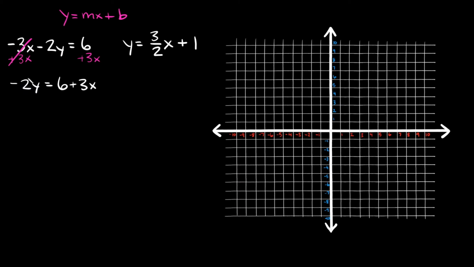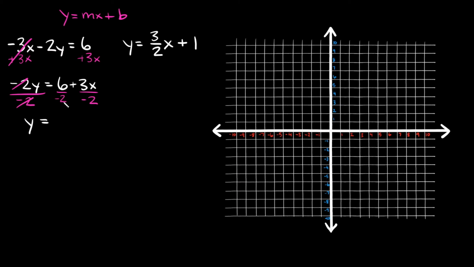Now we just need to get rid of this negative 2. In order to do that, we're just going to divide by negative 2. And again, what we do to one side, we do to the other, so I have to divide both of these numbers by negative 2. Now on this side, this negative 2 is going to cancel out with this negative 2, so we're just going to be left with y right here on this side.